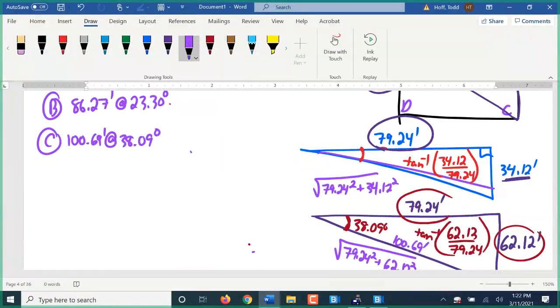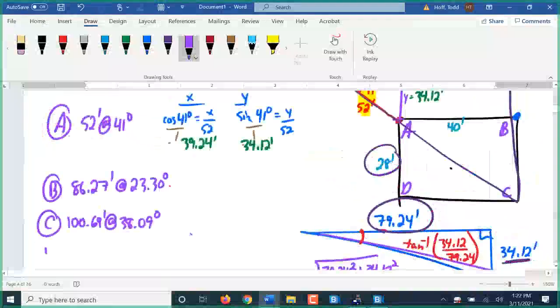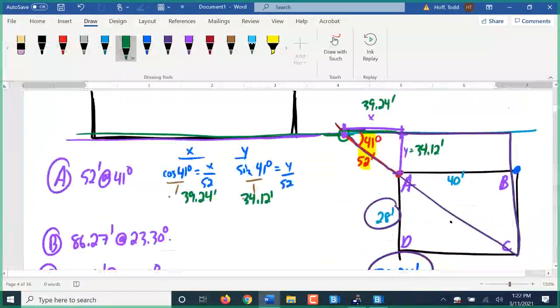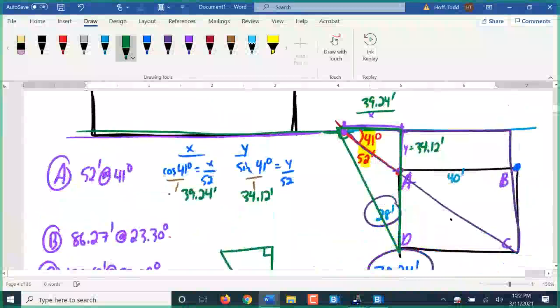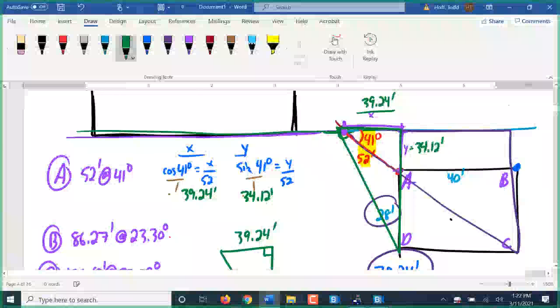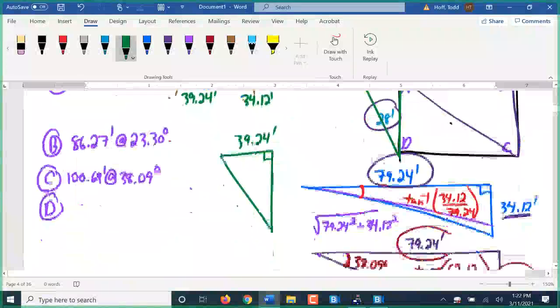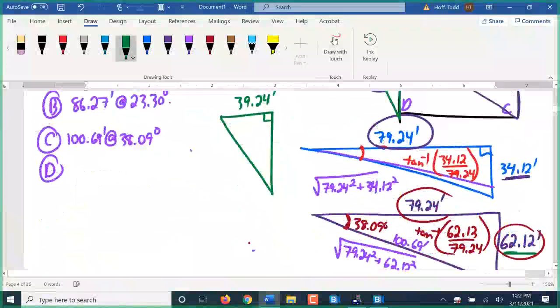And finally, corner D. That's going to be this triangle right here. That triangle. This is going to be back to the 39.24 feet here. This is going to be that 62.12.